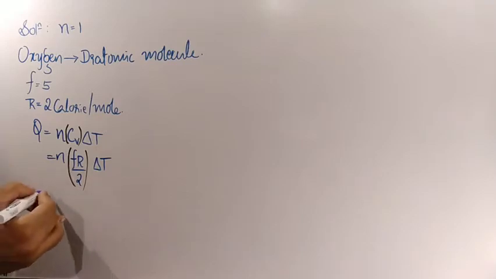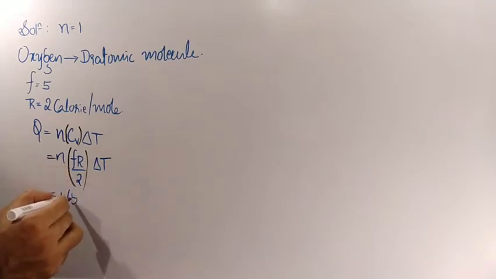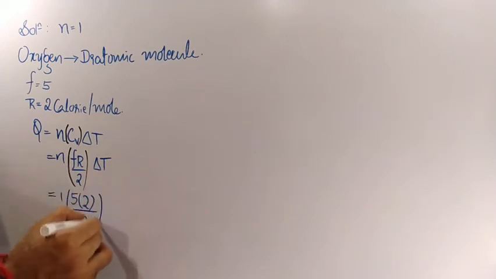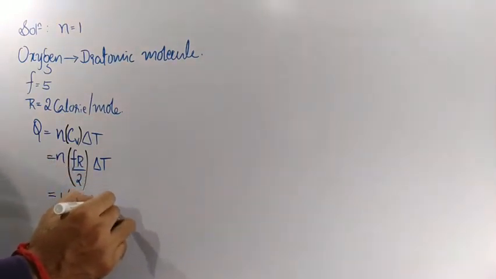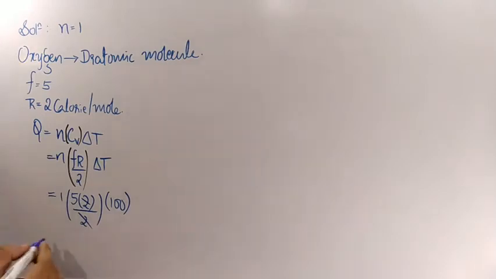N value is 1, inside the bracket. F value is 5. R value 2. Whole divided by 2 into delta T. From 25 degrees Celsius to 125 means delta T value will be 100. So 2 will get cancelled. 5 into 100, 500.